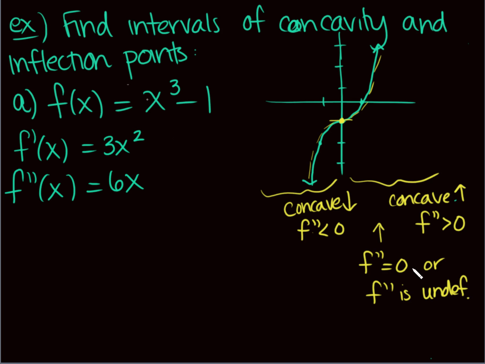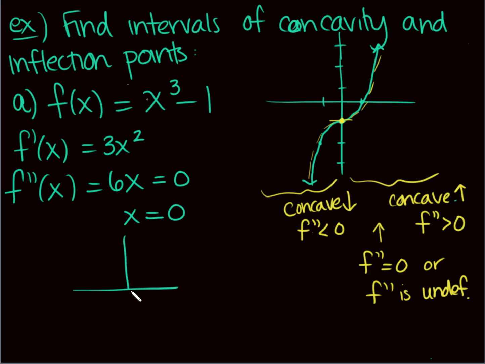So let's find the places where my second derivative is 0. This is kind of like your critical points, but for the second derivative. They're possible inflection points. So I'm going to set this equal to 0. Obviously, the only thing that makes that 0 is 0.